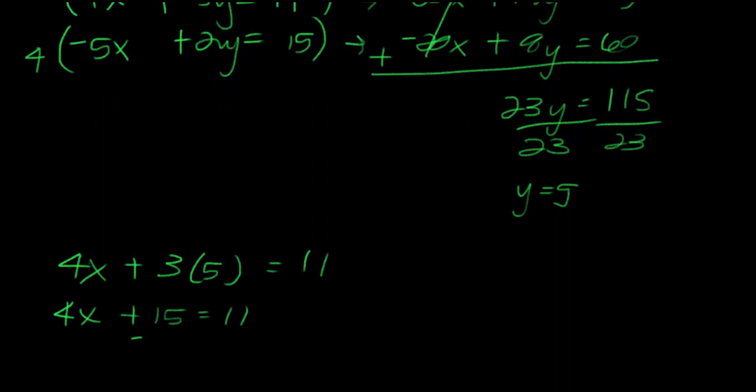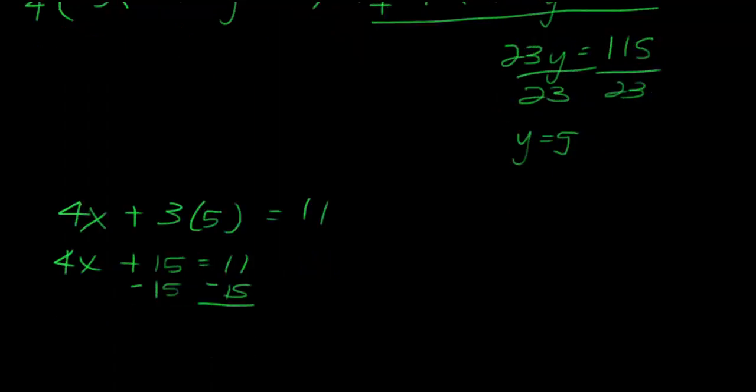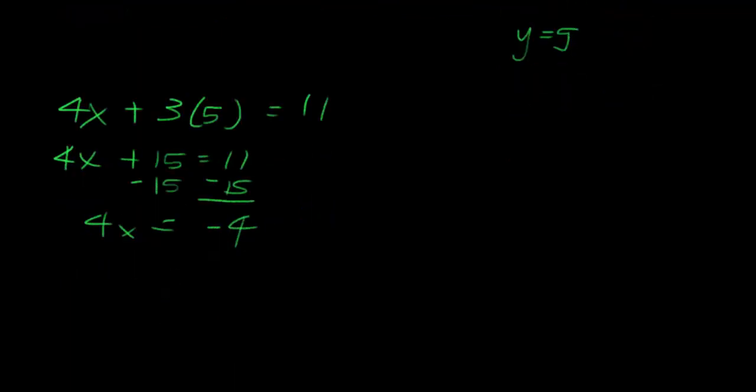I can subtract 15 from both sides and get negative 4 equals 4x. You just divide both sides by 4 at this point. x equals negative 1, so our coordinate is negative 1.